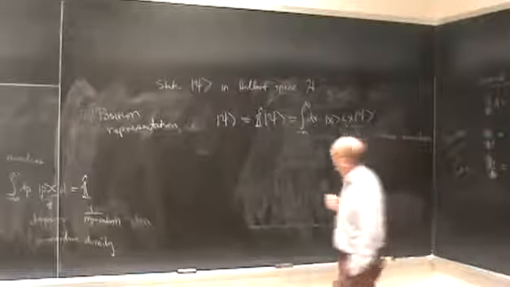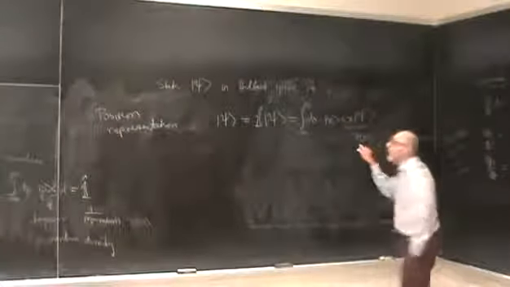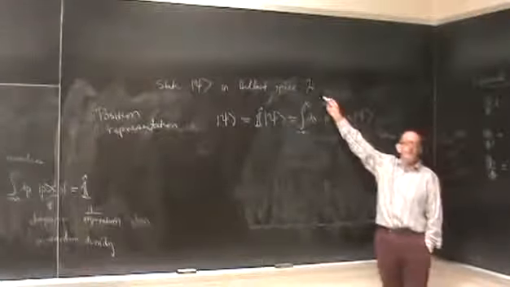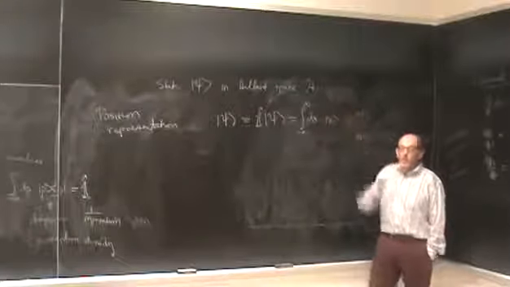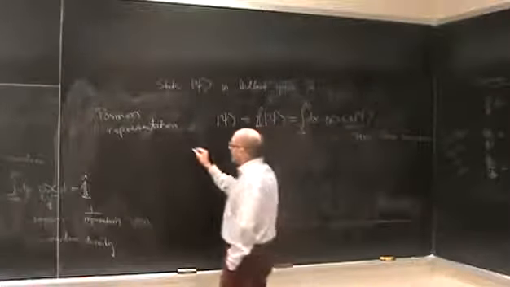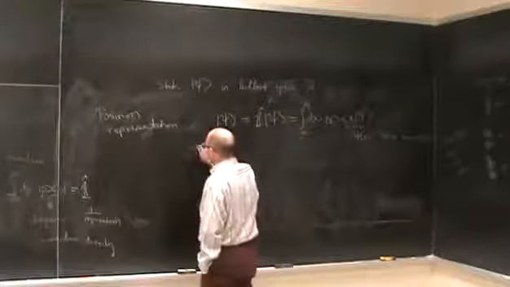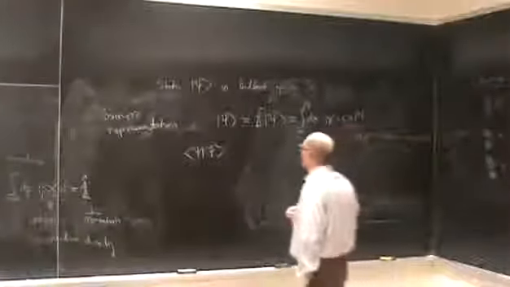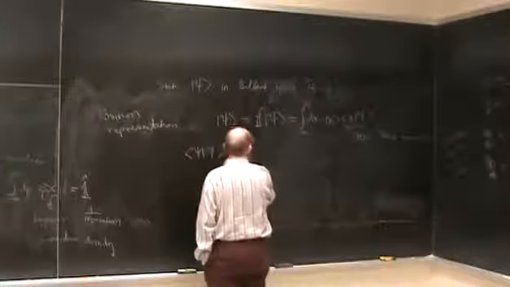Now, what are the possible allowed wave functions in the Hilbert space? Well, what must be the case is that we should be able to normalize this. If this is going to be a probability distribution, it must be normalizable. And typically, we will set this equal to 1.